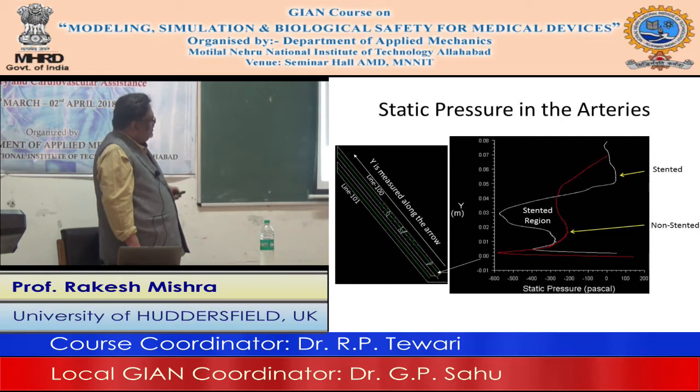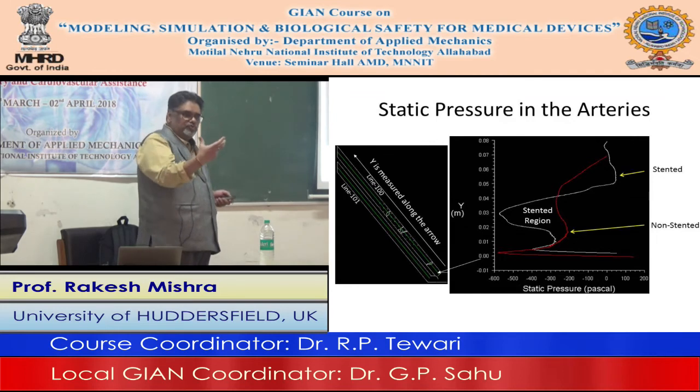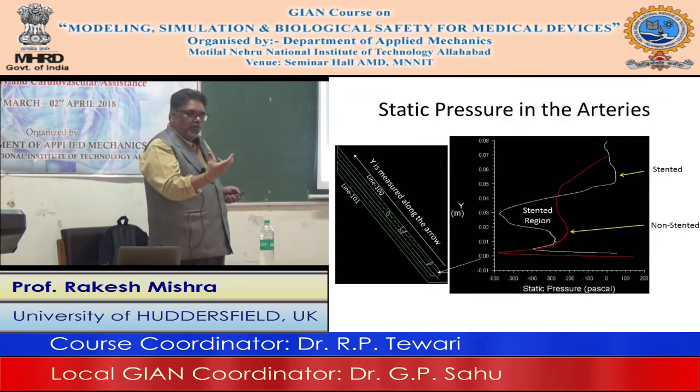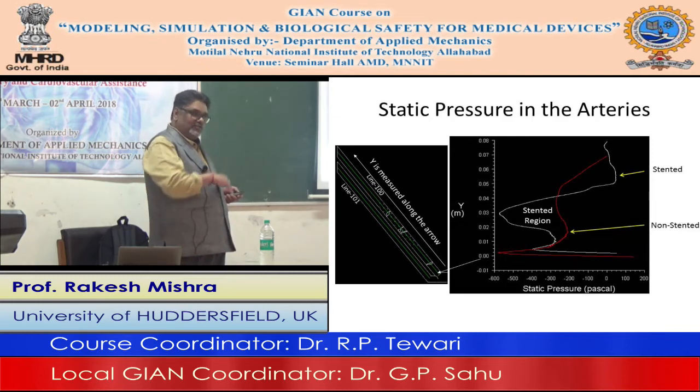But here, the change is very big. So one thing you can immediately see, the stent is being exposed to very heavy pressure changes as compared to the unstented artery.